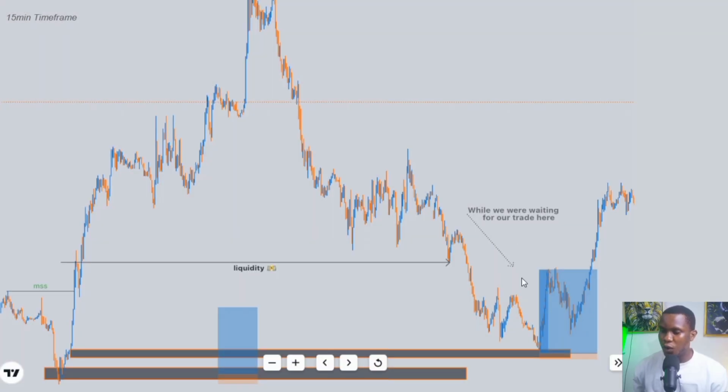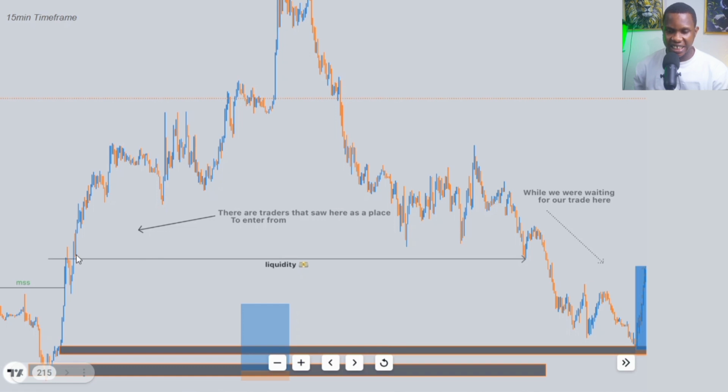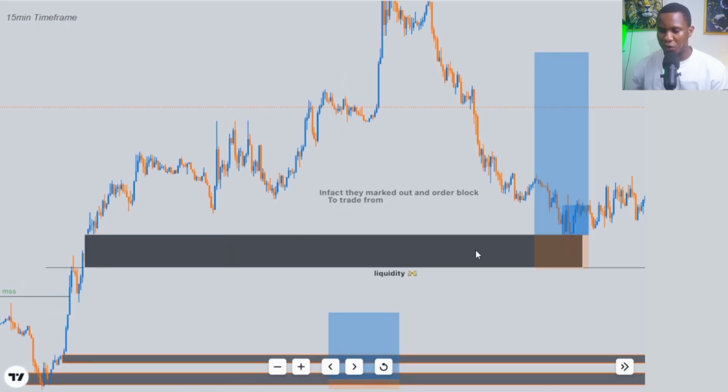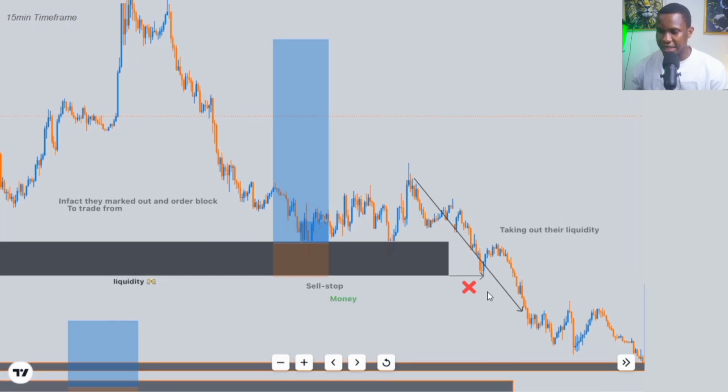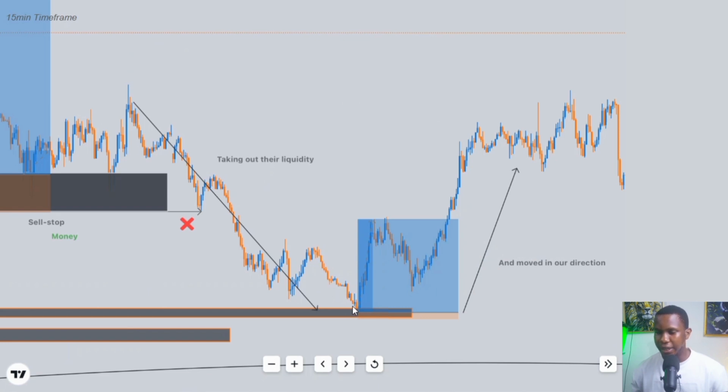While we were waiting for our trade here to fill us in, there are some traders here that saw here as a place to enter from. In fact, they marked out an order block right here to trade from to the upside. But can you see that price action moved the wrong way in that direction and failed, guys, taking out their liquidity, which is their sell stop order right here, or their money. And when it came back here, it now moved in our direction, guys.